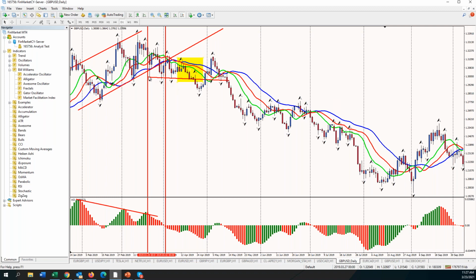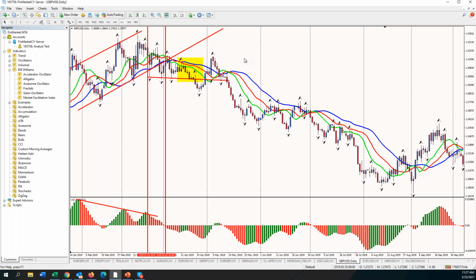All right, so divergence, the oscillator stating that we are in negative momentum according to Bill Williams, of course. The alligator opens its mouth aggressively. The price moves lower, so one could probably consider a downward movement after the fractals.